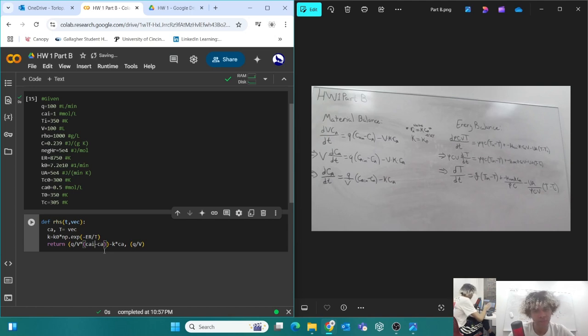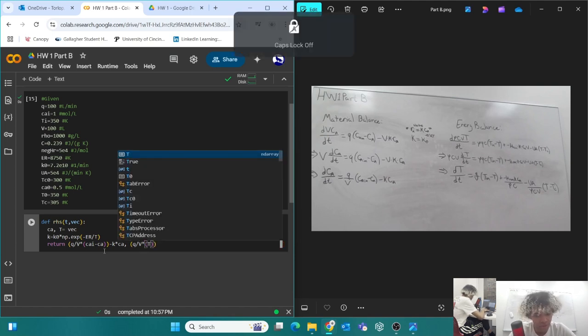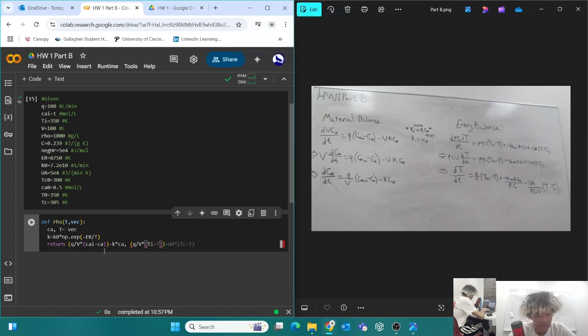So CAIN or CAN is CAI, the initial concentration going in. Anyway, back to what we're doing. Q divided by V is multiplied by the temperature going in minus the temperature of the components.